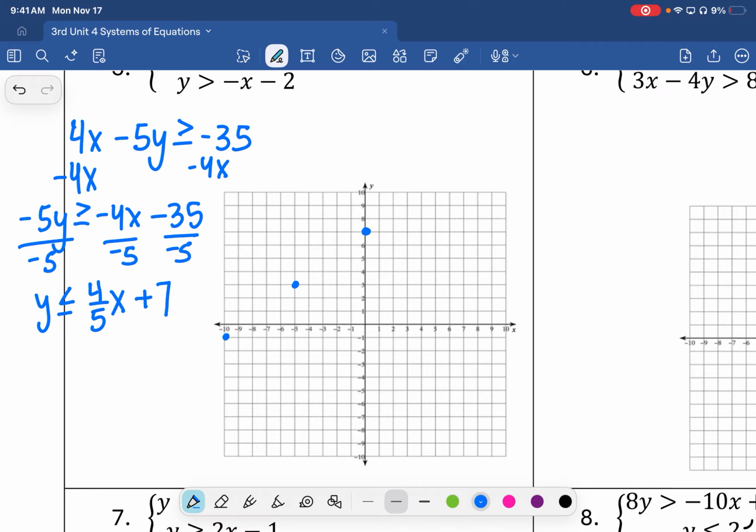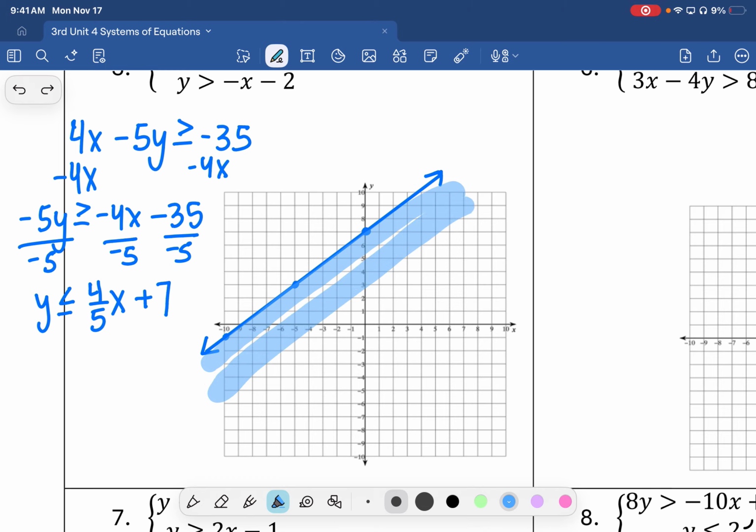And will it be a solid or a dashed line? Solid. Do we shade above or below? Are we sure? It will be below, because we had to flip the inequality.